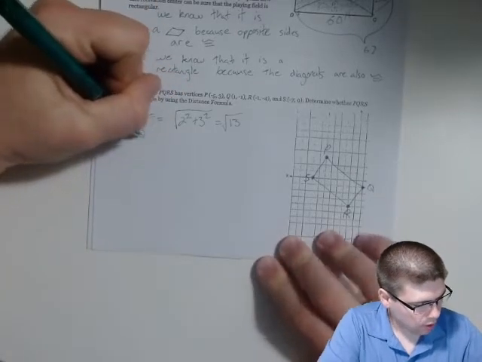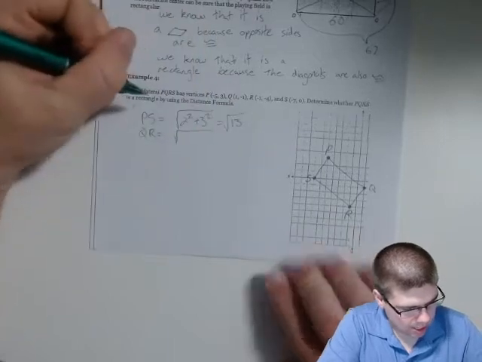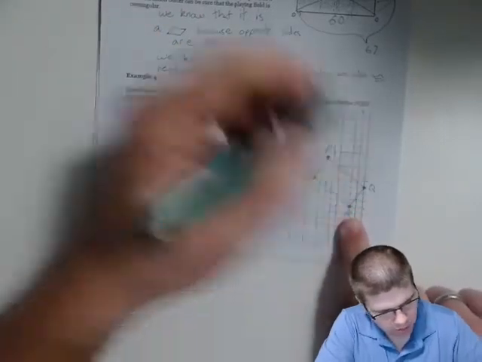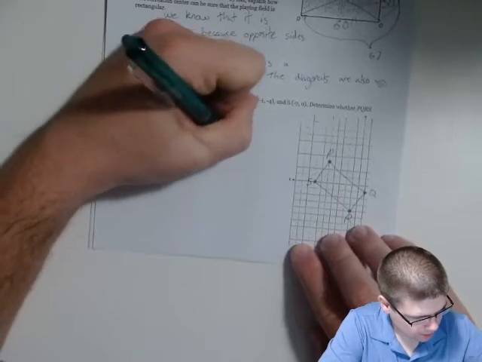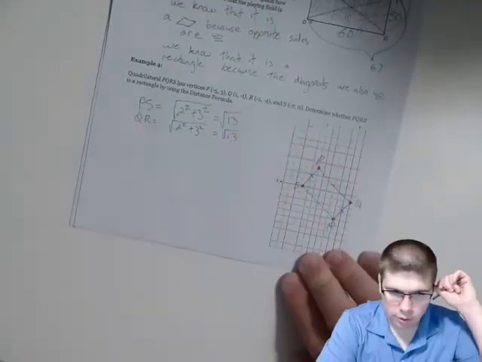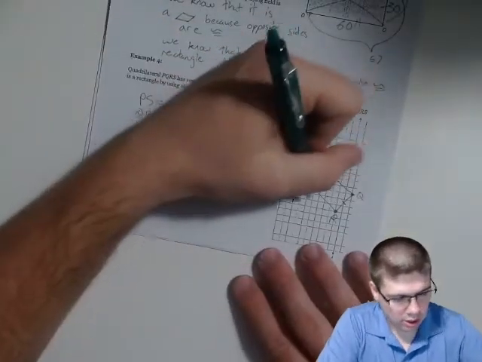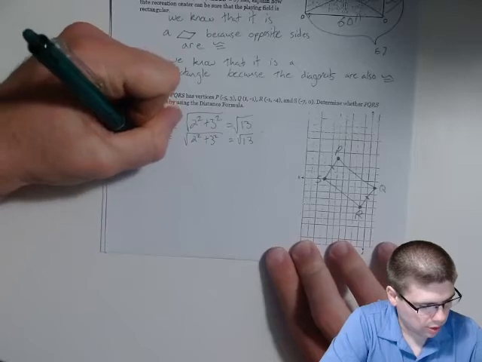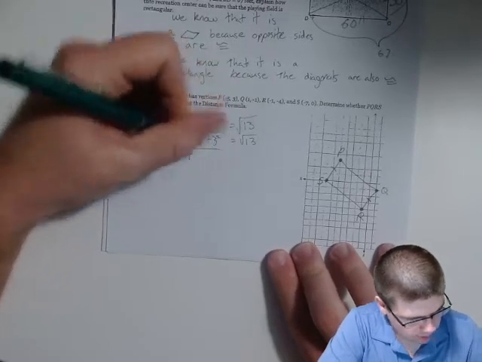So I'm going to hop across to QR and verify that that is the same. And these numbers are going to be familiar. 2 over, 3 up, so 2 squared plus 3 squared. Yep, that's the same stuff. Opposite sides are congruent. All right, so then next we can move over to our other 2 points. So I've got PQ, and so we want to get our horizontal distance.